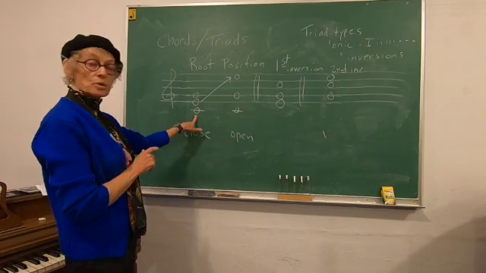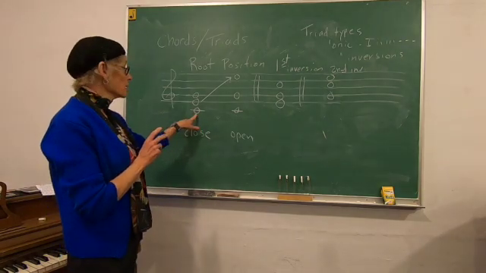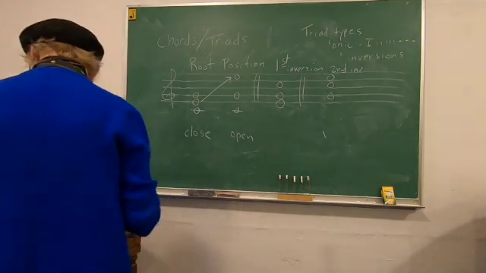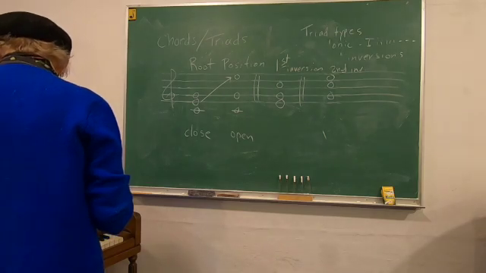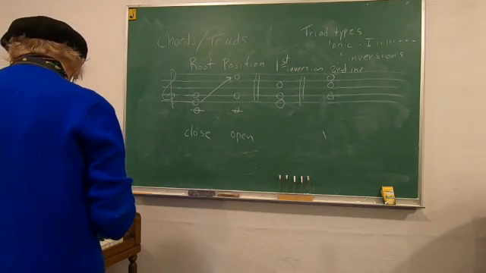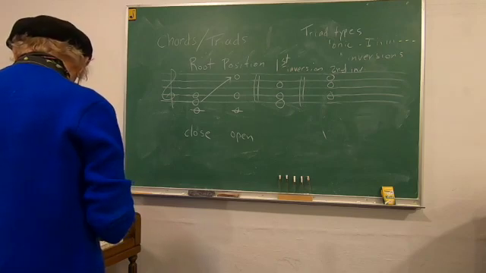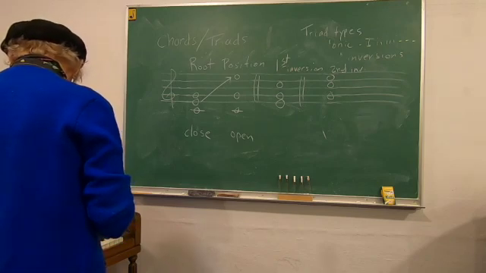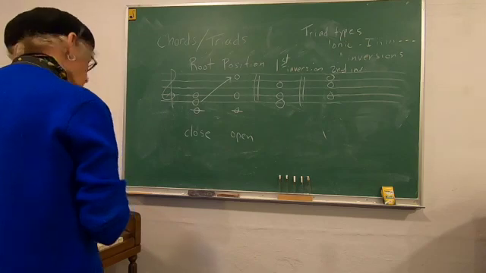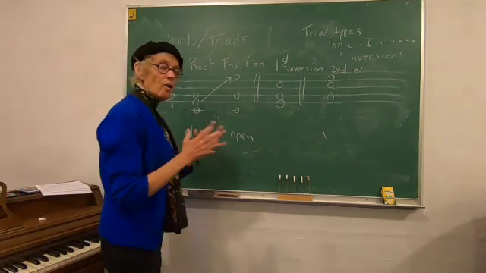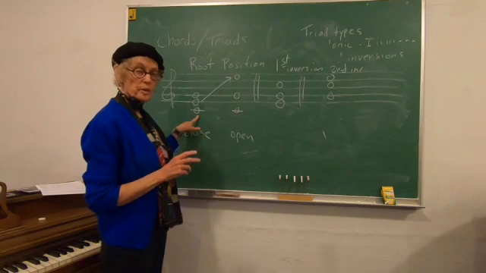If I played all those chords, which are just C, F, and G, in root position, it would sound something like this. I'll come up here. So you can see how all of those were a root position chord.